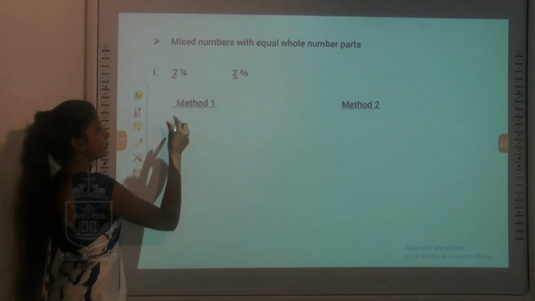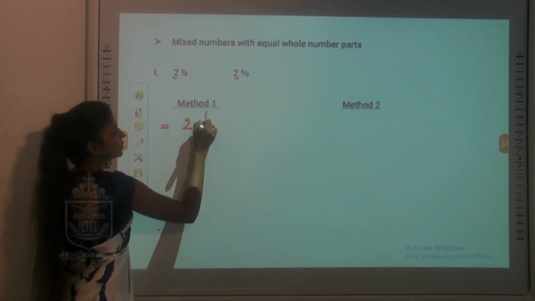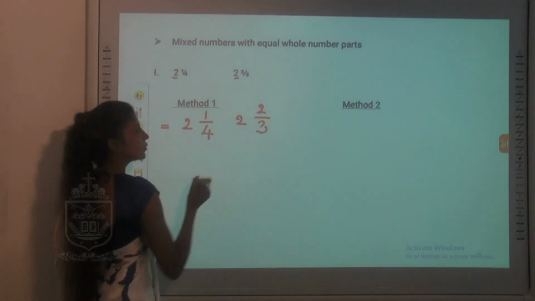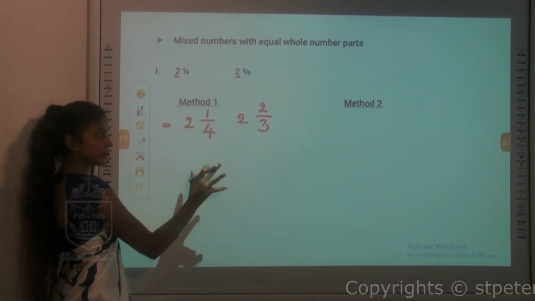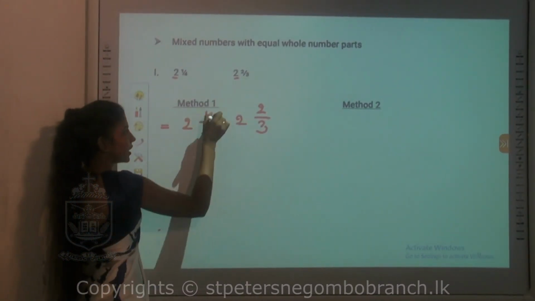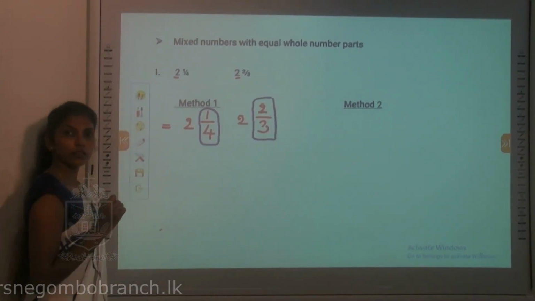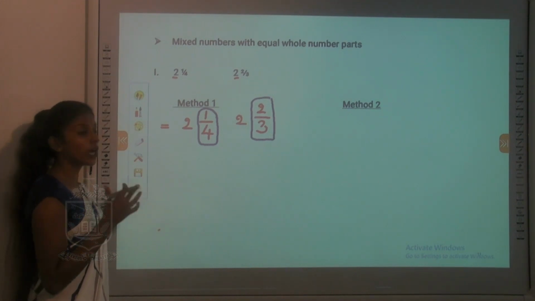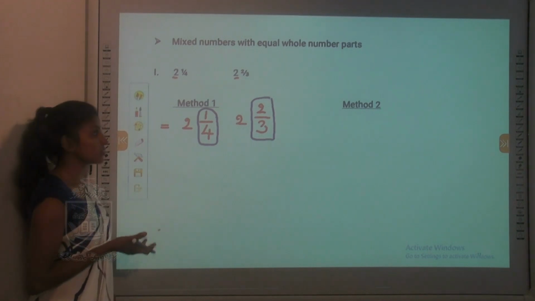So I'm going to rewrite the two fractions, 1 over 4 and 2 over 3. Right? They are different. So we know how to convert these unequal denominators into an equivalent fraction. So let's convert.